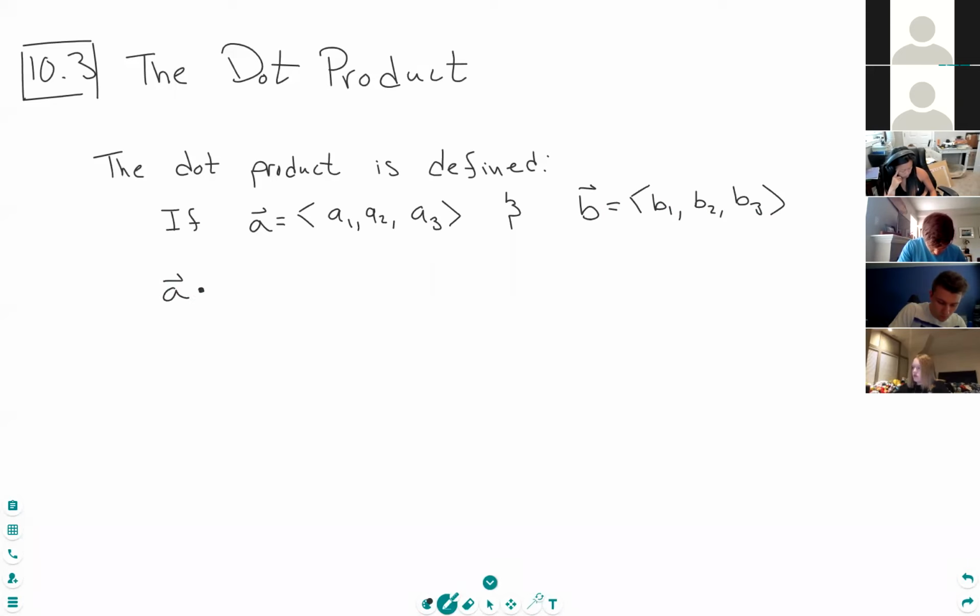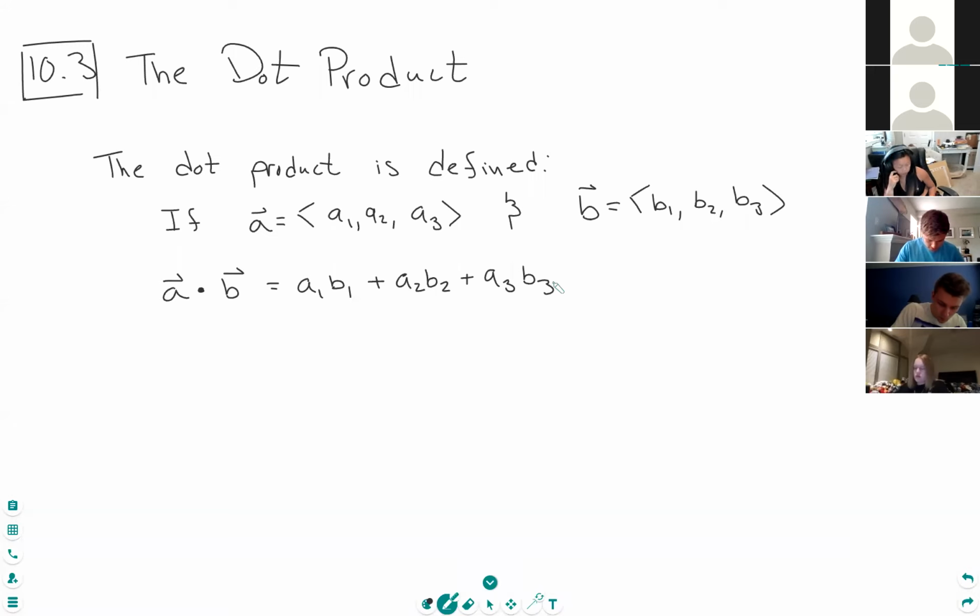A dot B, so this is how we write the dot product, with this little dot here, is equal to A1 B1 plus A2 B2 plus A3 B3.